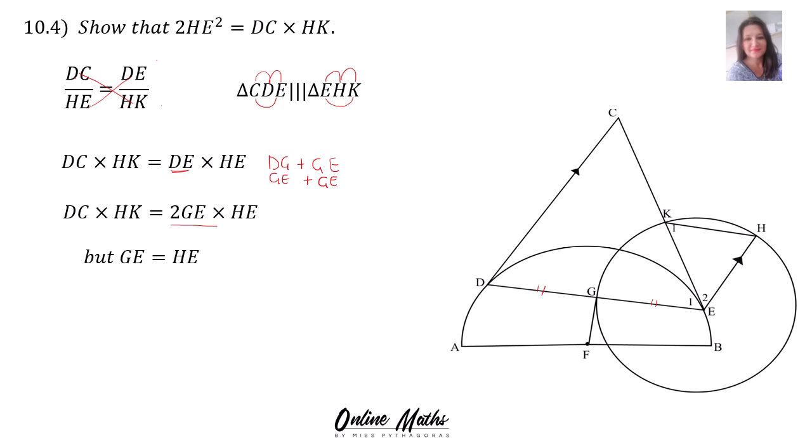Then remember GE is equal to HE. Why? We can say that since there's GE, that one, and there's HE, that one, can you see they are the radii of this circle with midpoint E? And then in the place of GE we can substitute with HE, and that's what they want.